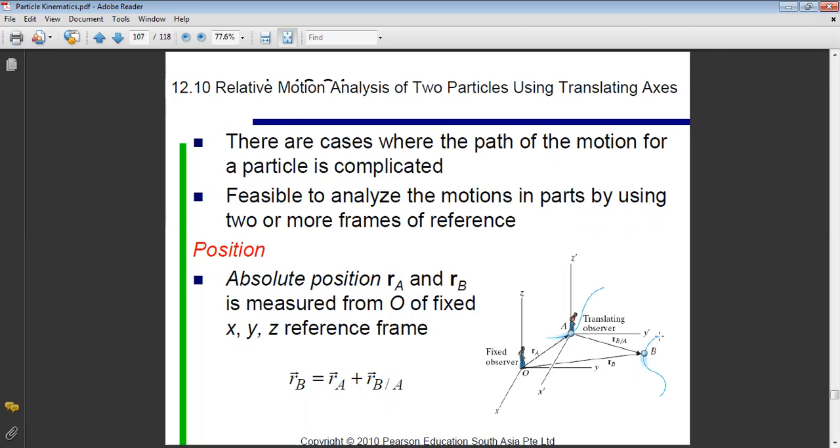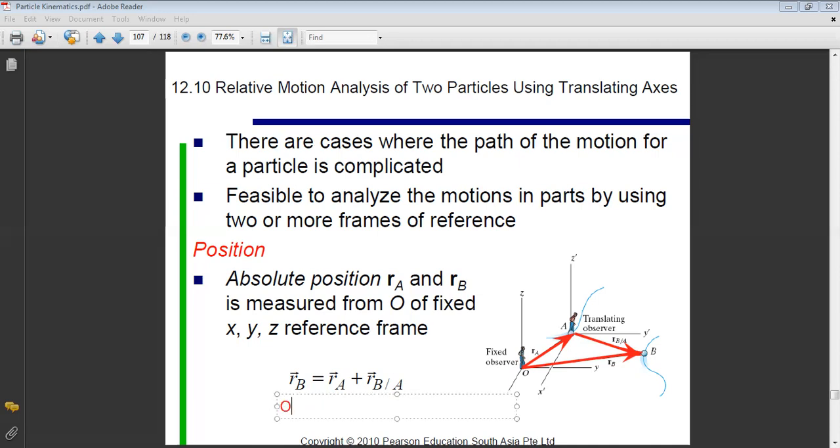If you look at this simple figure, what can we say? We can say that vector OA plus vector AB will give us vector OB. We name OB as RB, the position vector of B with respect to the fixed frame.